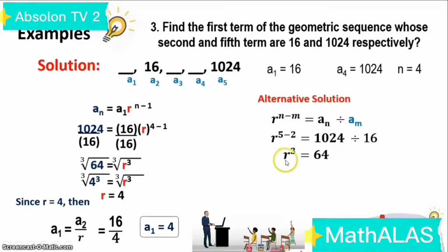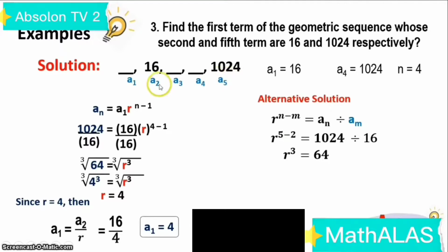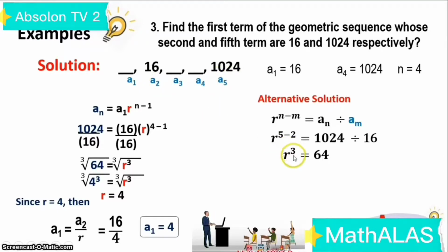Now, we have to get the cube root of 64 because we're talking about the fifth term, 5 minus 2, that is 3. That's why the exponent of r is 3. So, getting the cube root of 64, r should be 4.